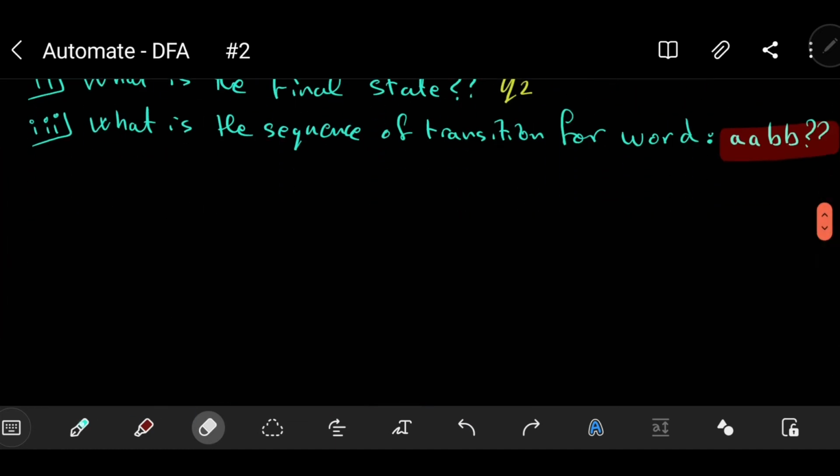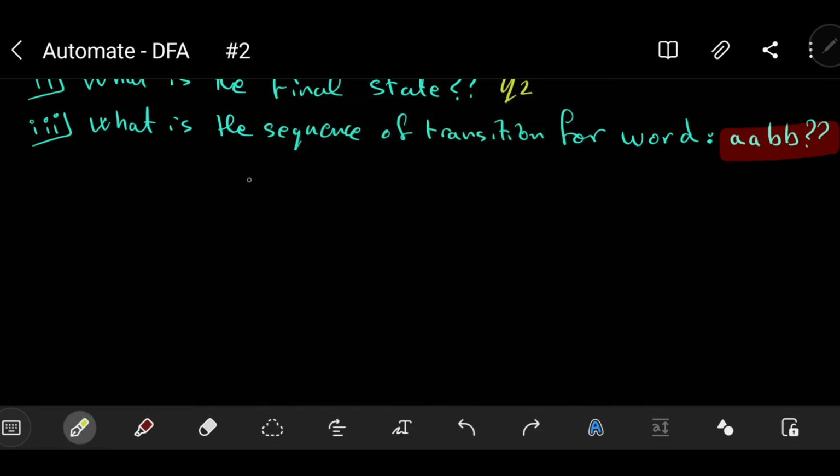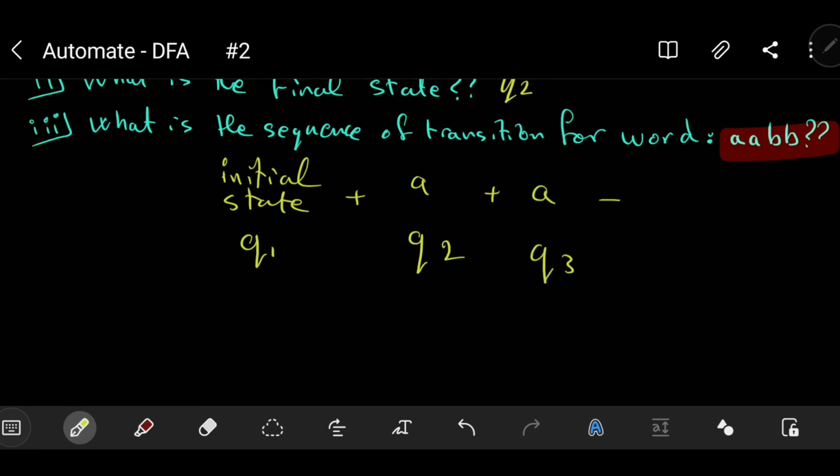It's simple. I hope you understand it. I'm writing them here. Initial state Q1 with A, Q2 with A, Q3 with B, Q1, and finally with B equal to Q1.